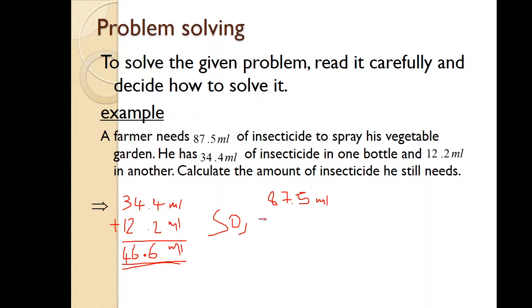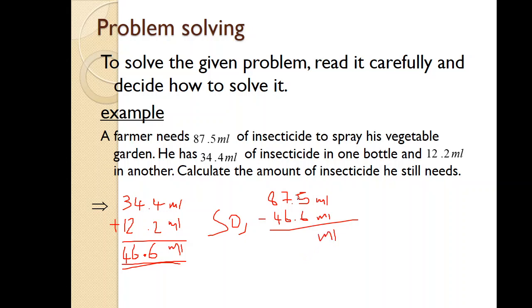Now you have to subtract the answer you got there, 46.6 milliliter. You want to get our final answer now. The milliliter comes here, the answer we get is also in milliliters.